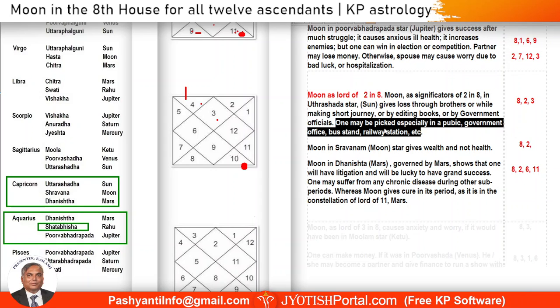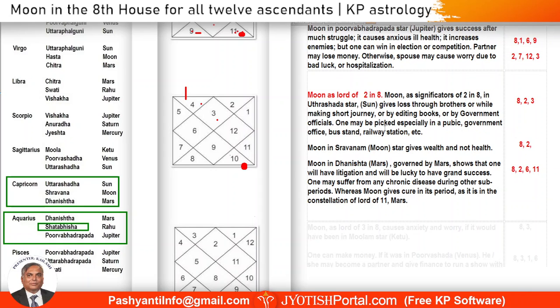I think this is just a stretch of imagination that Sri KSK has used. Obviously he has mentioned public and all these things because of the Sun, and all these travel related places like bus stand, railway station, and all that because of the third house.